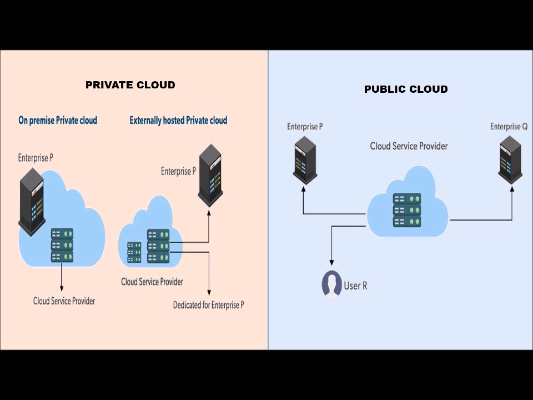But in the externally hosted private cloud, the cloud service provider and enterprise P's premises are different, means they are located in different places. And public cloud means any enterprises or any users, any public can access these cloud services. Like here, enterprise P, enterprise Q, and user R are sharing the cloud services.